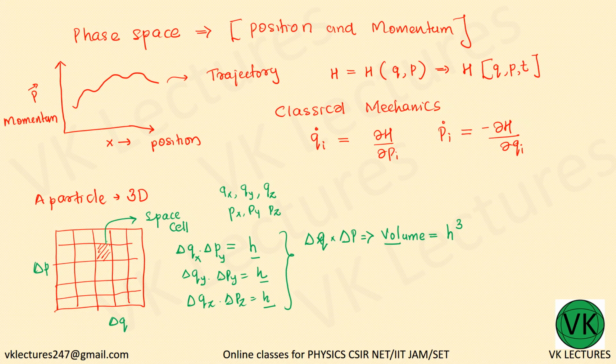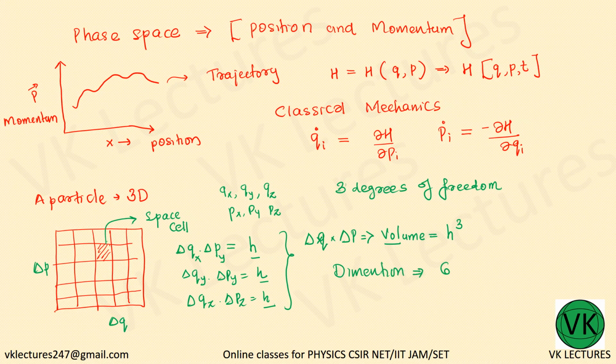Now that is for a three-dimensional particle, and it will have 3 degrees of freedom, that is in the x direction, y direction, and z direction, and the dimension is 6.